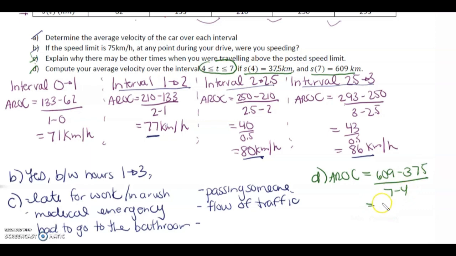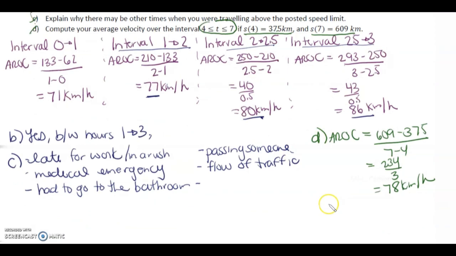So we're going to get 234 over 3, which is 78 kilometers per hour. Okay, and if you want, you can write, therefore, average rate of change from 4 hours to 7 hours is 78 kilometers per hour.